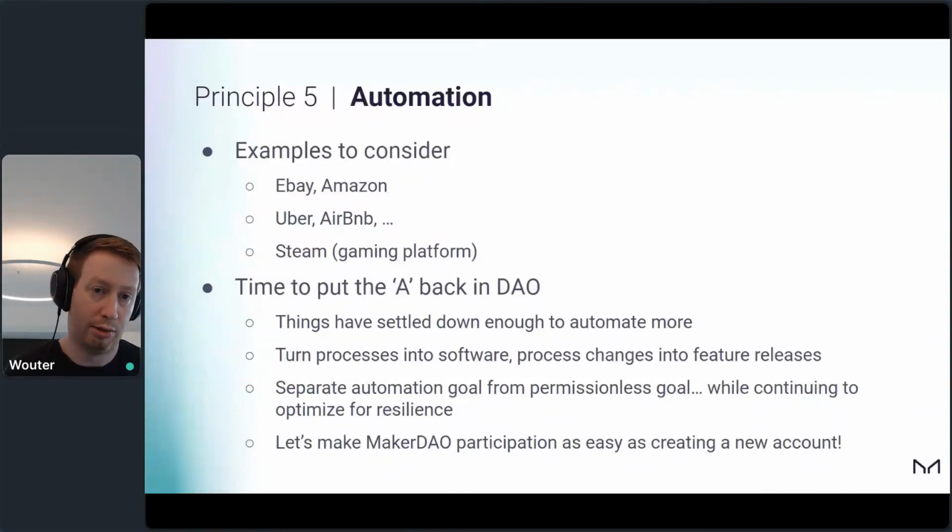Examples to consider, of course: eBay, Amazon. These are marketplaces where the collaboration, the coordination between vendors on the one hand, and buyers on the other hand, is fully automated. Amazon has an extremely low cost when it comes to onboarding new vendors to their platform because everything is worked out.